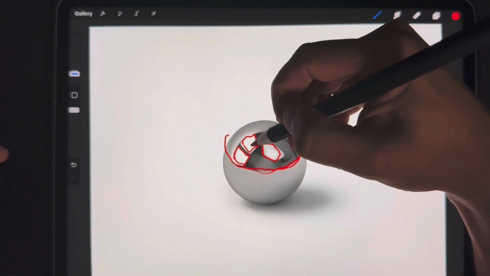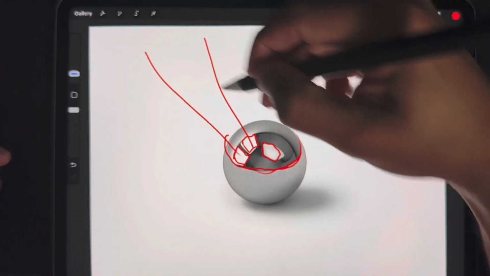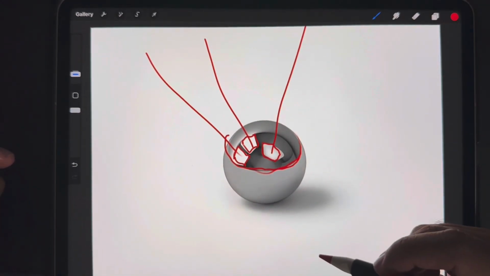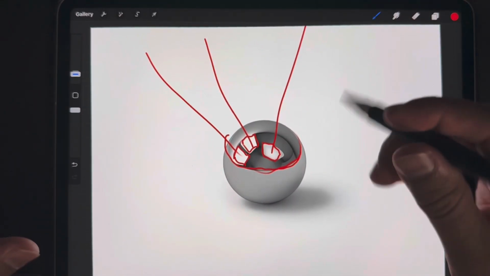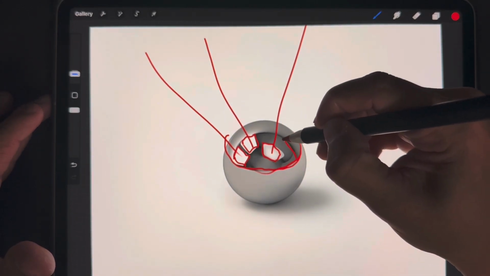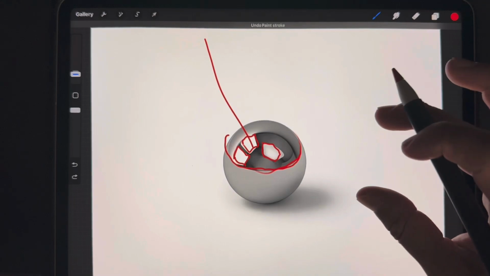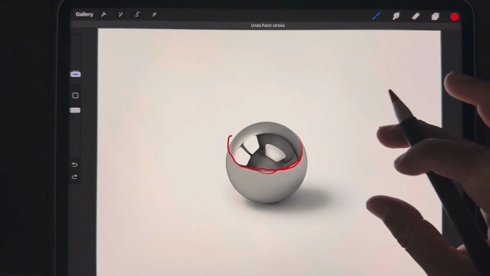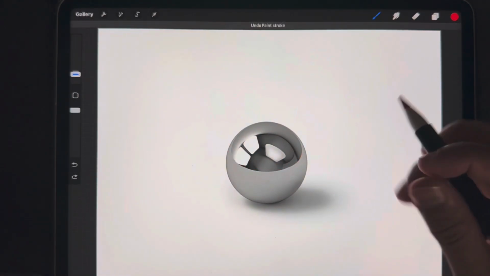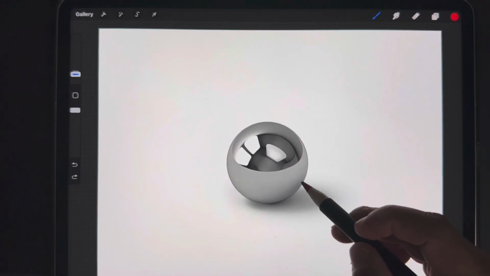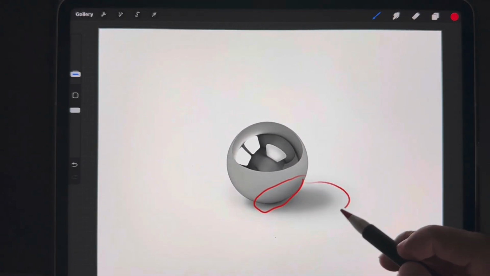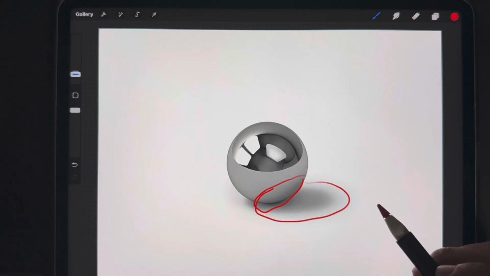One light's over here, one light's over here, and one light's about right there. It's just reflecting its environment. And it's probably the ceiling somewhere, and it's cutting off right there. That's it. You just can't be intimidated by these reflections. You have to understand what is going on. And again, why does it get dark in this area? Because it's copying this shadow.